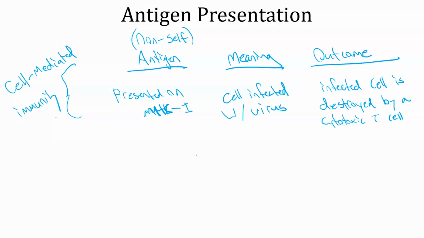Okay, another scenario then is that you could have non-self antigen presented on MHC class 2. Okay, that's the big difference. MHC class 1 in the first scenario, MHC class 2 in the second scenario. What that means, what that signal to the body is roughly this.